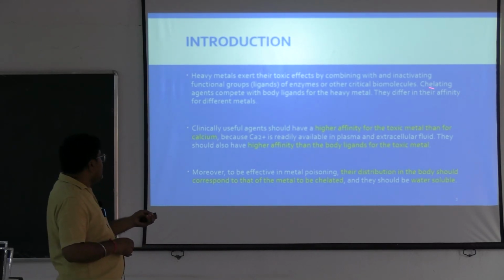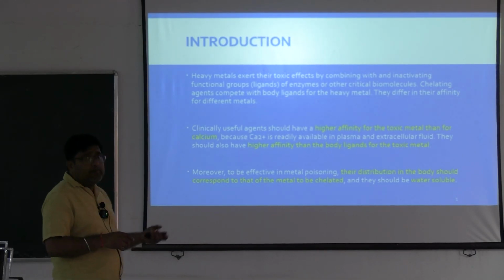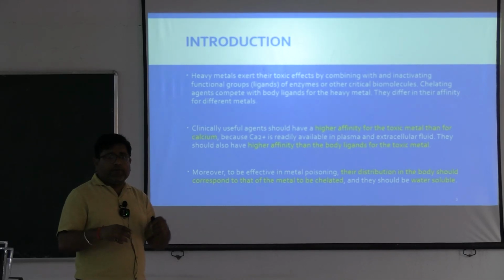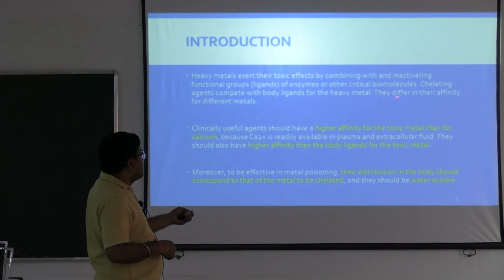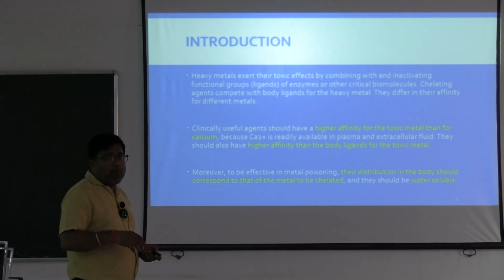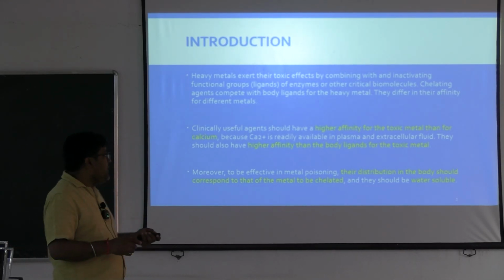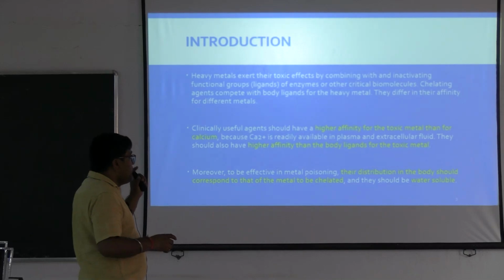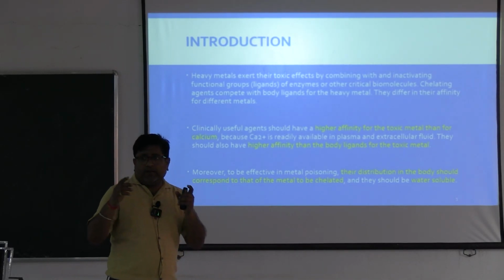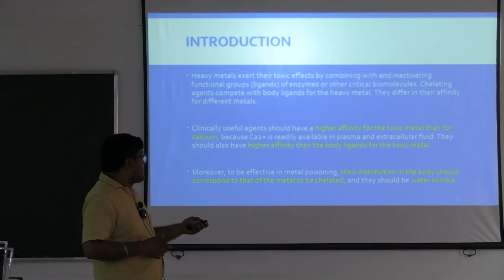Now what does a chelating agent do? They compete with the body ligands for the heavy metal. They bind to the metal, forming a stable complex, and the complexes are easily excreted. Thus they basically inhibit the toxicity caused by heavy metals.